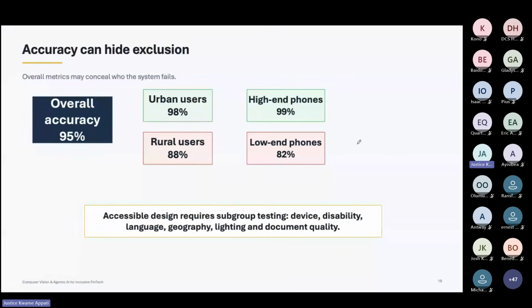Because of these rural guys, my real percentage is 95% overall, not 98 or 99. Now, who is causing the deficit? The rural guys. You now subset the rural guys and find out their need. If you solve the issue of the rural guy, you have automatically also solved the urban guy by default.